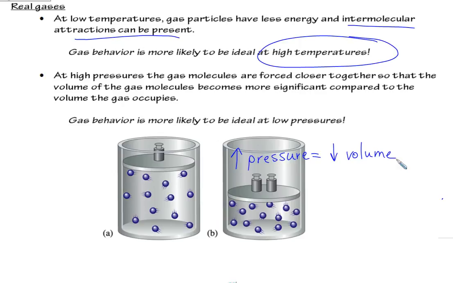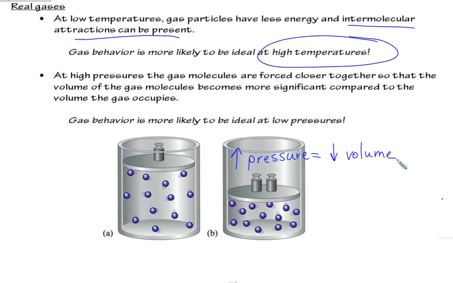There's also the chance of intermolecular forces taking over too. If I'm pushing those particles into a small space close to each other, now the volume of the particles themselves becomes more significant. And those intermolecular forces again could start to bring the particles even closer to each other. So again, we want to keep the particles away from each other. That's when gases behave most like those statements in the kinetic molecular theory.